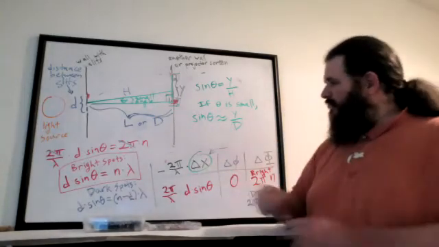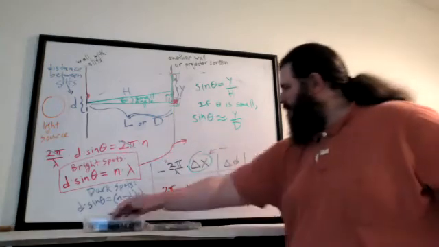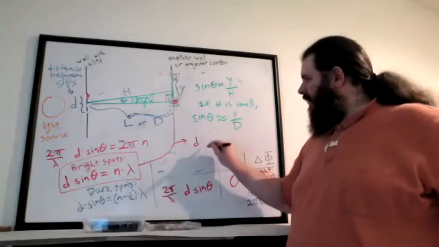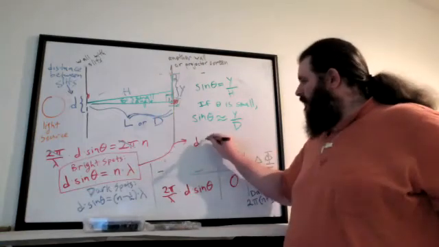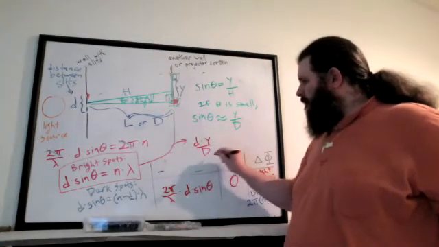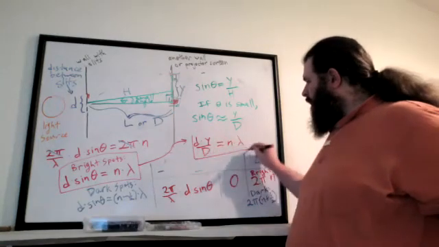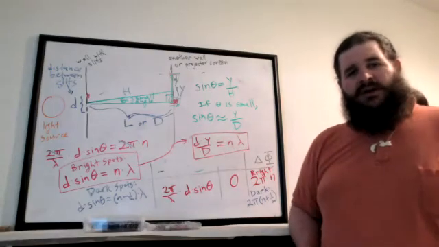And then we get bright spots when d times y over d equals n times lambda. And this is going to often be much more convenient because we don't need to worry about angles at all.